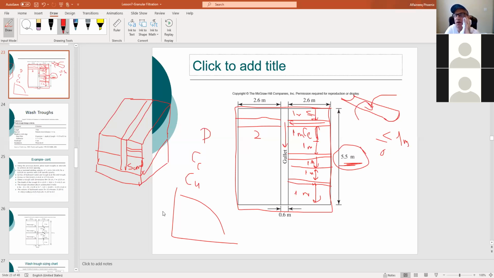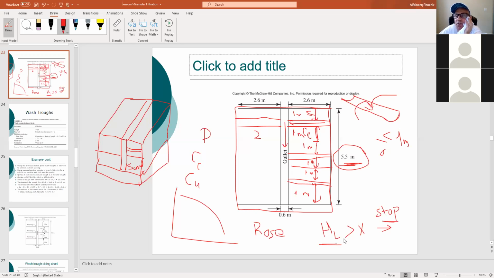After that, you need to use Rose formula. Well, there are many formulas, but the most common one is Rose formula to calculate the head losses in it. Your head losses should not exceed a certain number. If the head loss is going to exceed a certain number, you need to stop the filtration and backwash. Why is that?